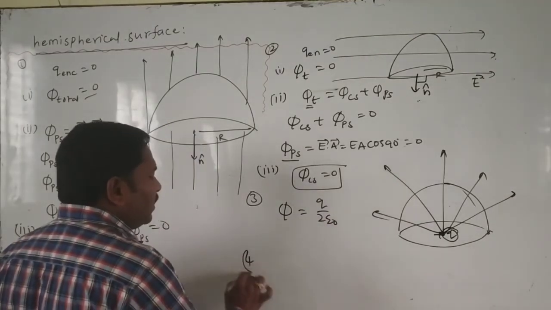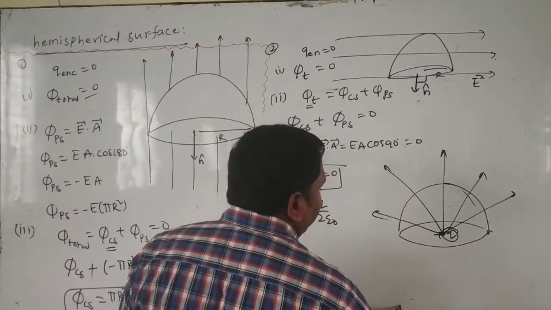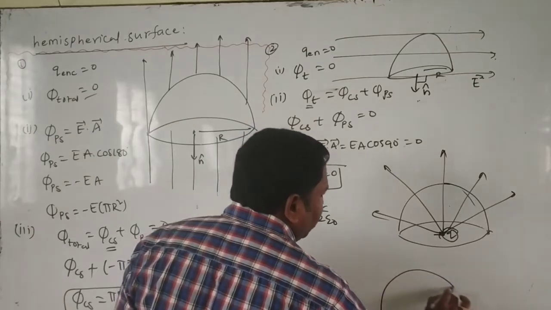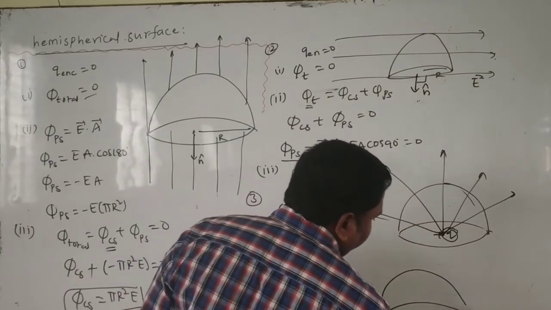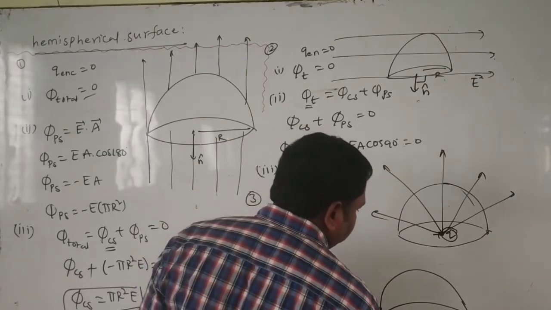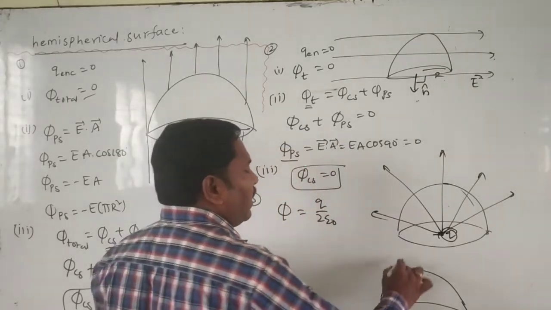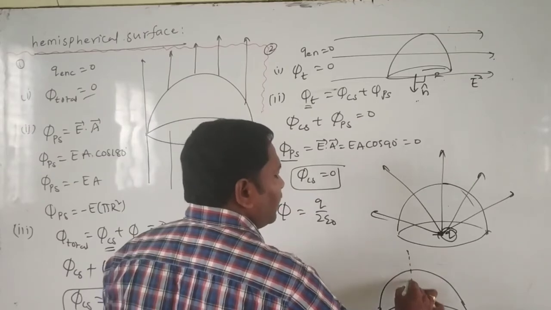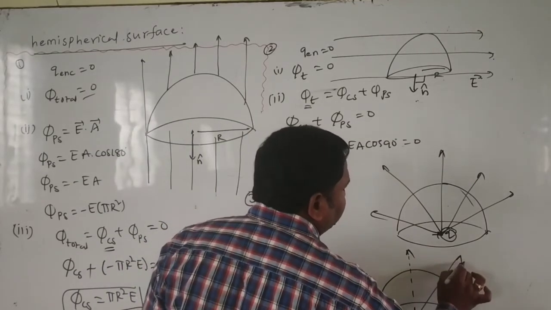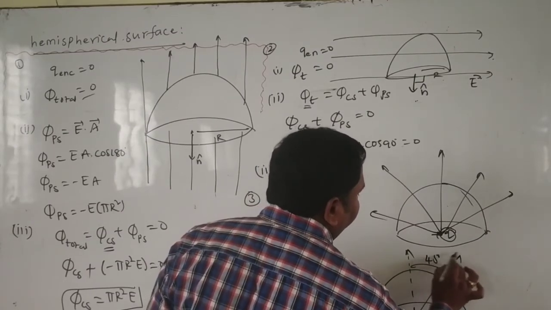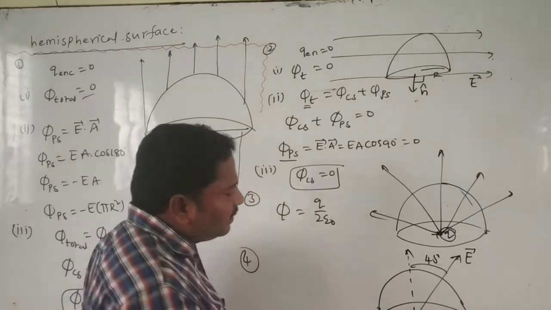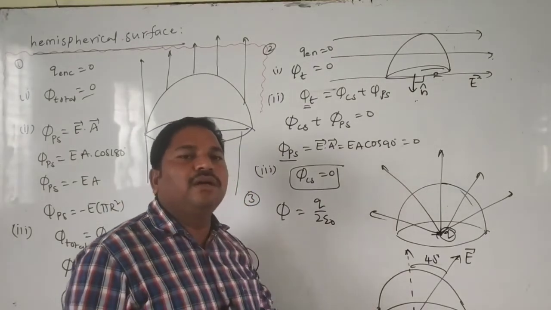Next, fourth one. Suppose this is a hemispherical ball, and this is the normal. The electric field is like this and makes an angle of 45 degrees. What is the electric flux linked with the curved surface or flat surface?